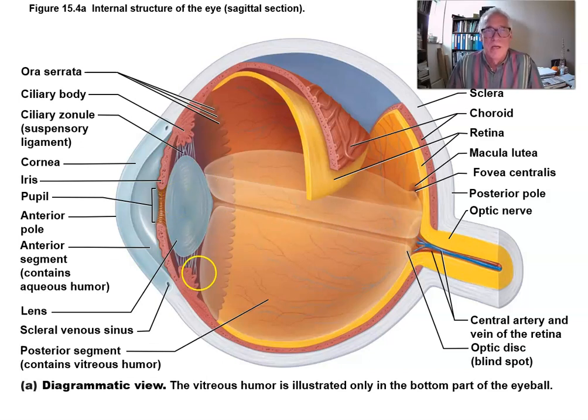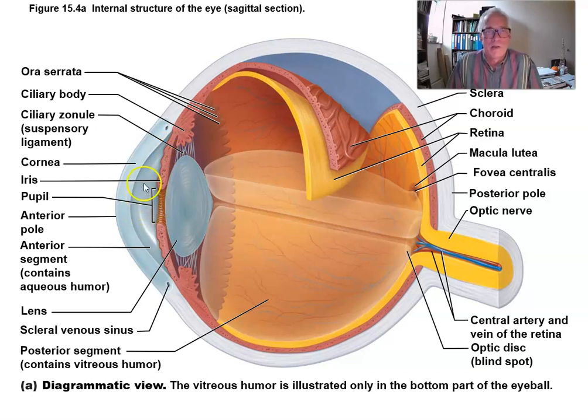Pretty interesting. All right, so anterior to the lens and the suspensory ligament is the anterior segment of the eye. So everything anterior to that. Just to confuse things a little bit, the anterior segment is divided by this boundary here, the iris. The iris is a flap of smooth muscle and tissue that's part of the choroid that sits anterior to the lens, and the space between the lens and the iris is called the posterior chamber of the anterior segment.